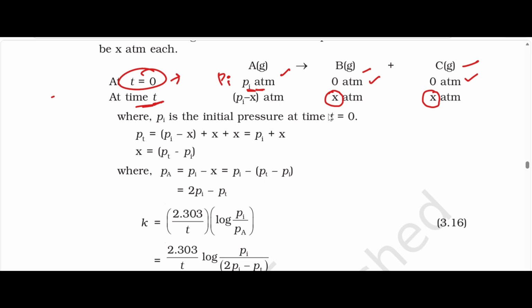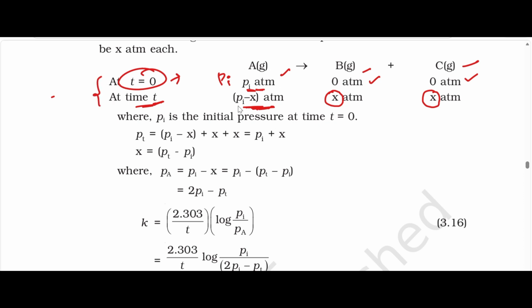And the remaining pressure of the reactant will be Pi minus X. Clear? Till here it is clear.